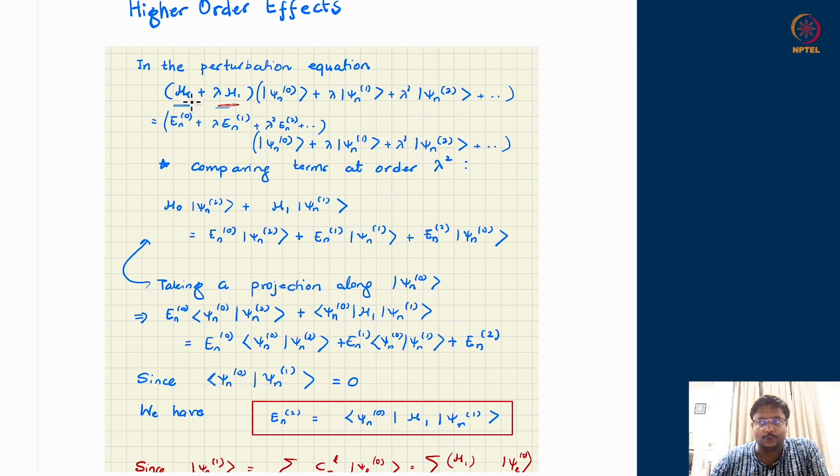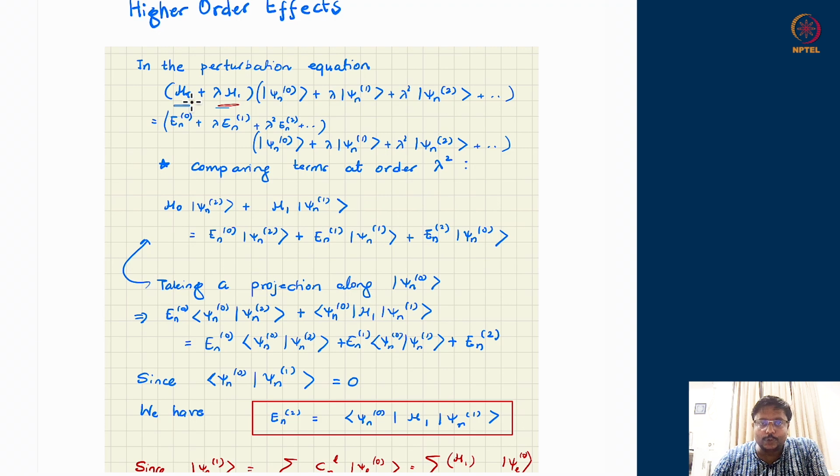As we have seen, it could be 8 upon mqc square for kinetic terms, and it could be v triple primed upon 3 factorial for a harmonic oscillator about its minima if I try to see how the potential changes. So lambda is the scale at which the Hamiltonian gets perturbed.